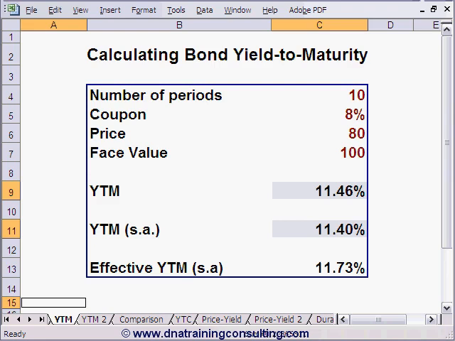If we wish to do this, we need one final step, which you may be beginning to anticipate, which is to convert the second bond's nominal yield to maturity, as calculated previously, into an effective yield to maturity, illustrated in cell C13 by use of our old friend, the function effect.